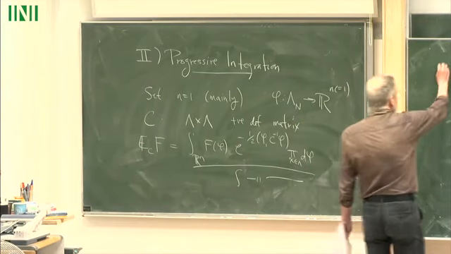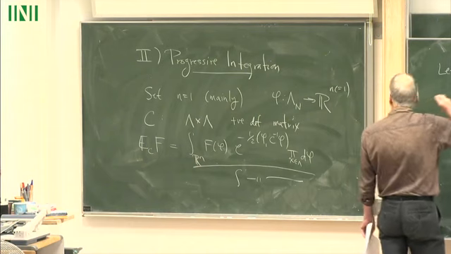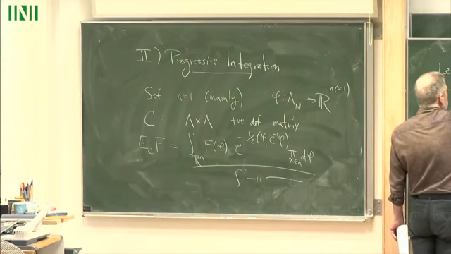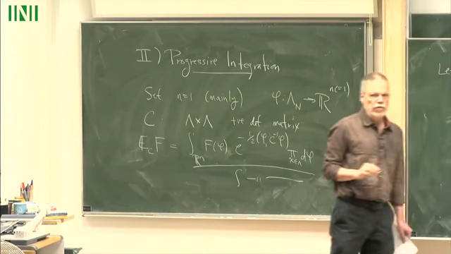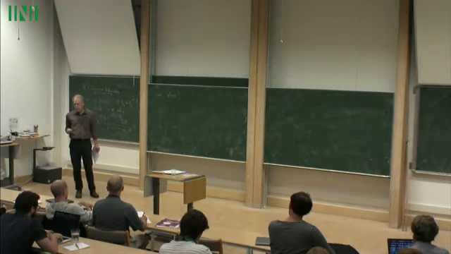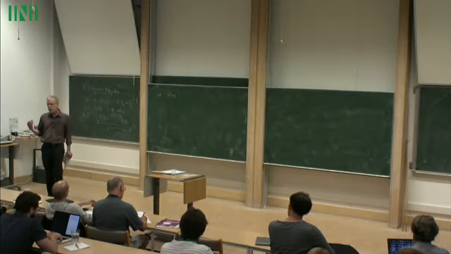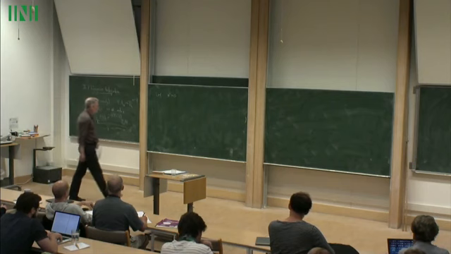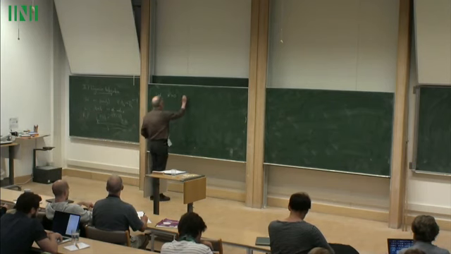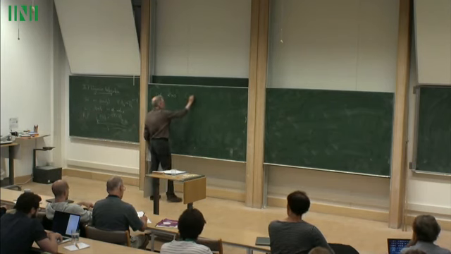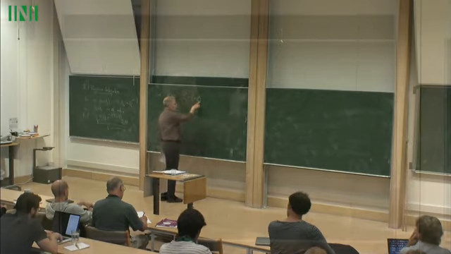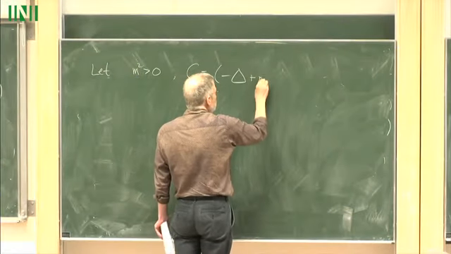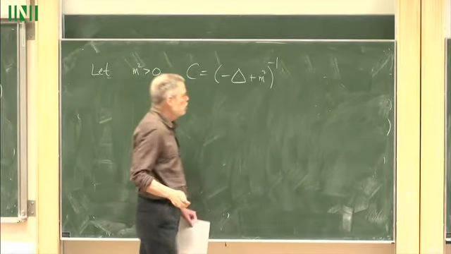And the C that I want to focus on is minus Laplacian inverse, but it should have a mass because the Laplacian on the torus is not invertible. So I'm going to add a little mass term on there in order to make it invertible. So C will be minus the lattice Laplacian on the torus plus m squared, inverse.